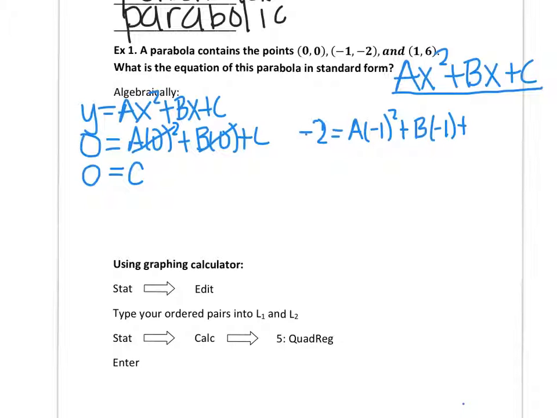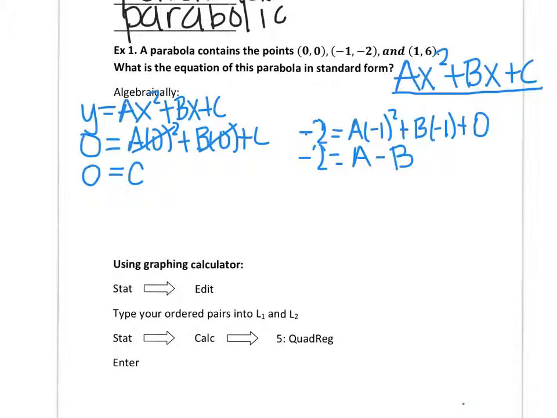I know c is 0, so what I'm going to do is instead of writing c, I'm going to go ahead and put in a 0. So what this leaves me with is -2 equals a, because negative 1 squared is 1, and 1 times a is just a. b times negative 1 is negative b. So this is one equation.